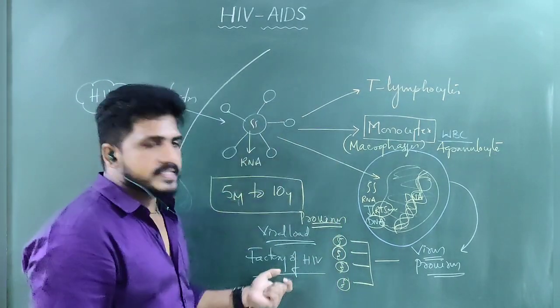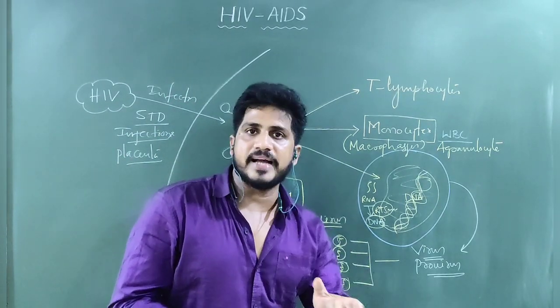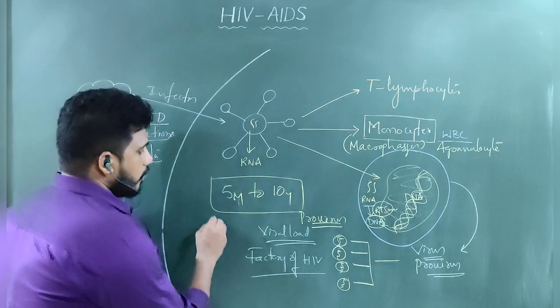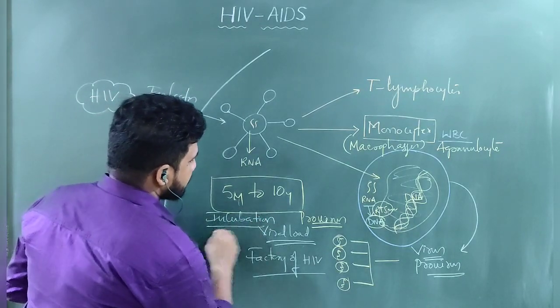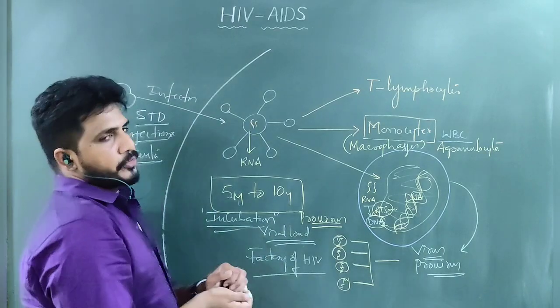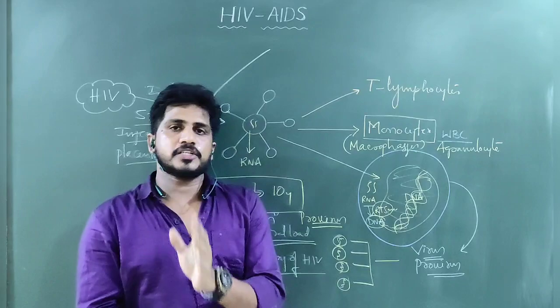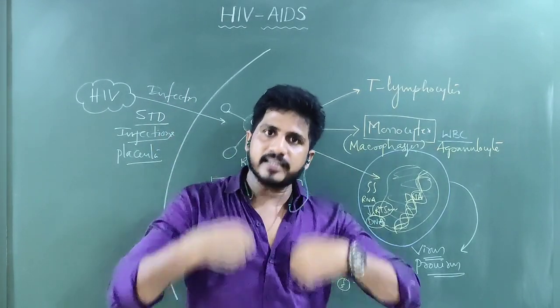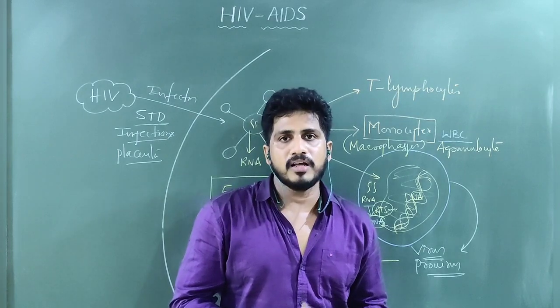During this stage, a person cannot show symptoms. That's why it is called the asymptomatic period. It is also called the incubation period. What is incubation? Incubation is a period or duration between infection and symptom. Until a person shows some symptoms, the infection stage is developing and pathogenicity occurs, that is called incubation.